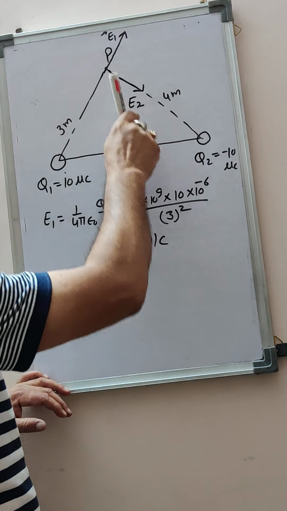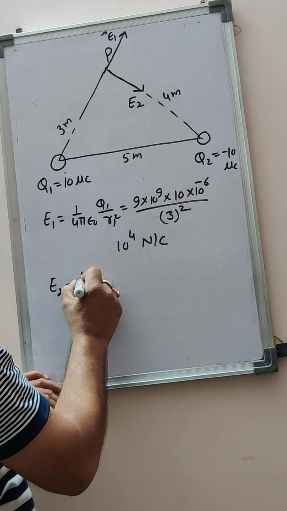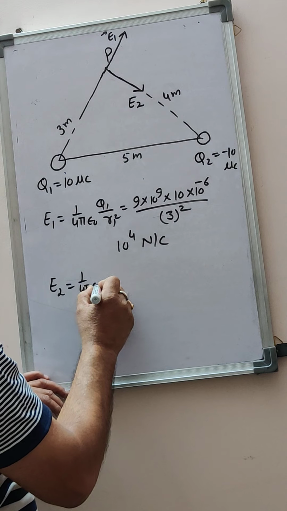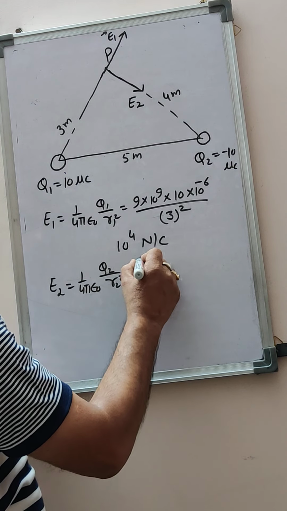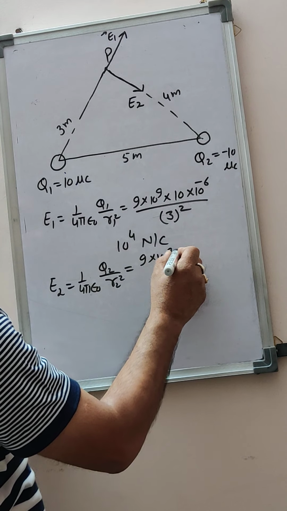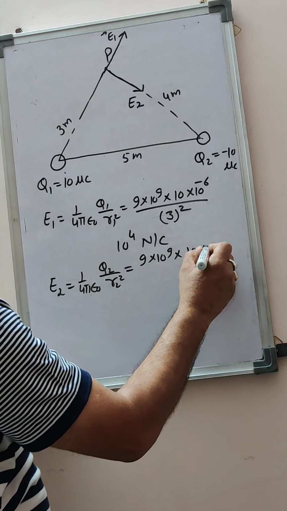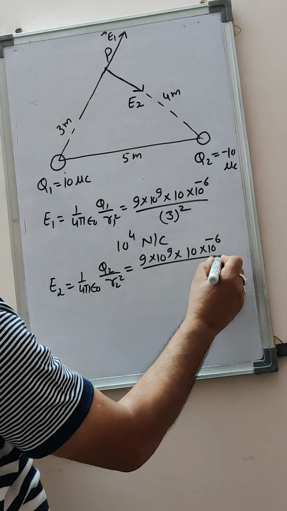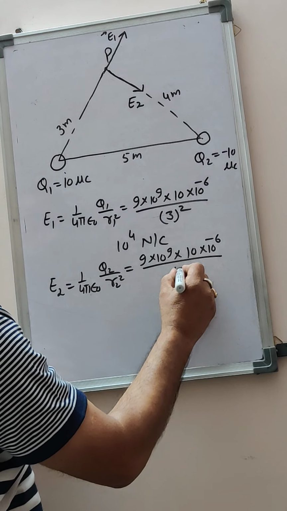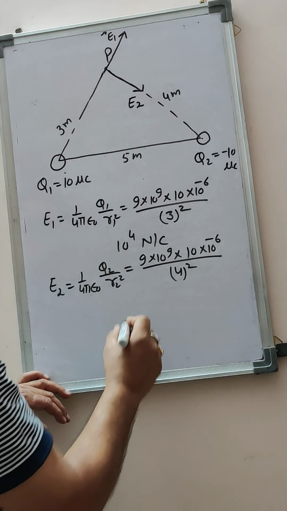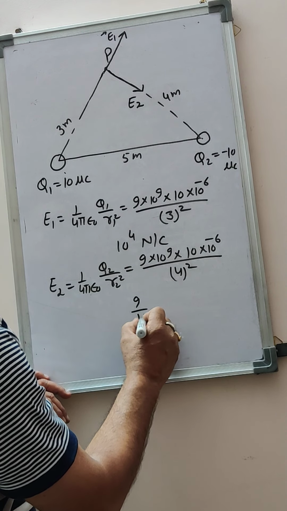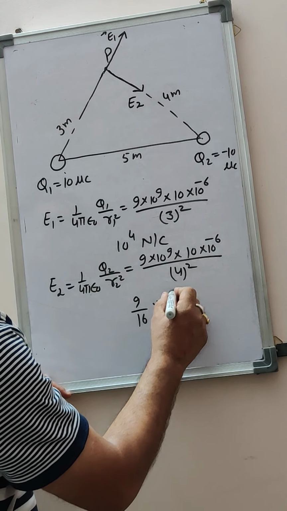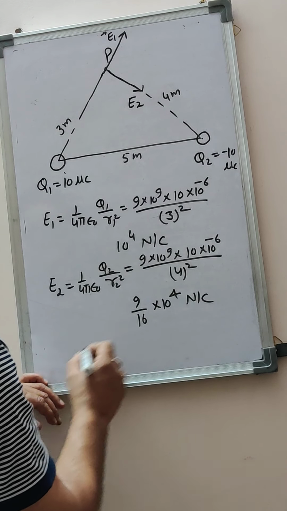Find E2, field due to this charge. You will take the magnitude of charge, and this distance 4 square. This will come 9 upon 16 into 10 to the power 4 Newton per coulomb.